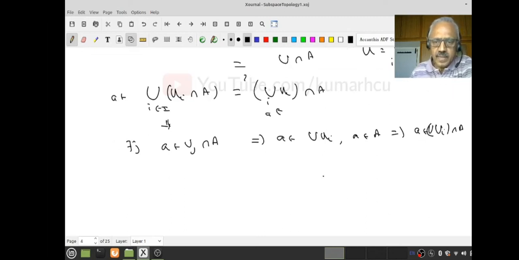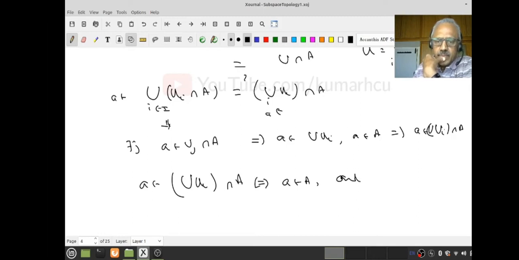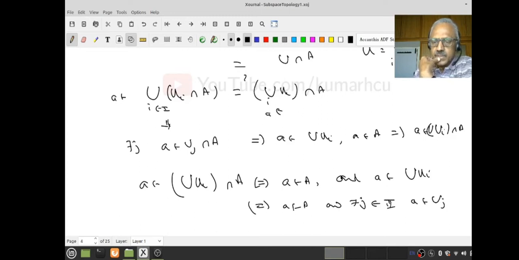And conversely, if a belongs to the union of Ui intersection A, remember, this means a is in A, of course, and a is in the union of Ui. This means a belongs to A, and there is a j in I so that a belongs to Uj.